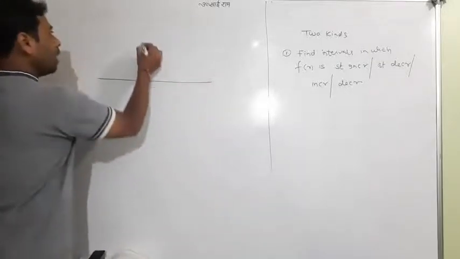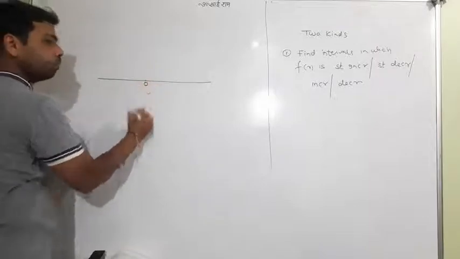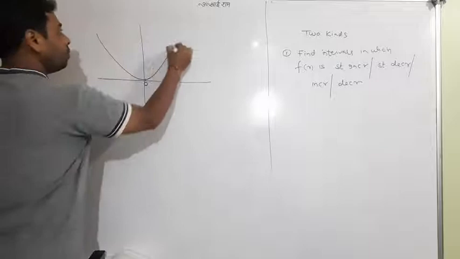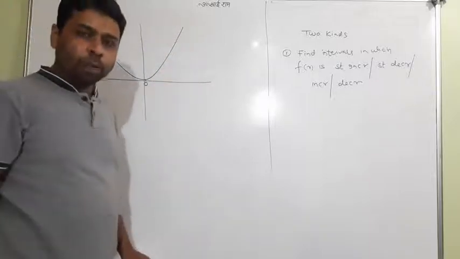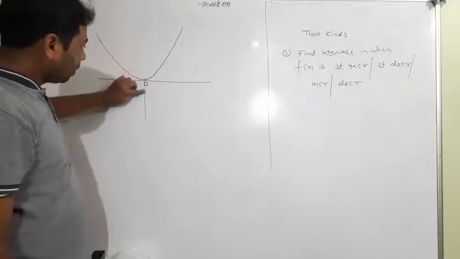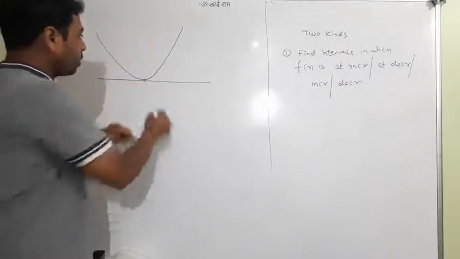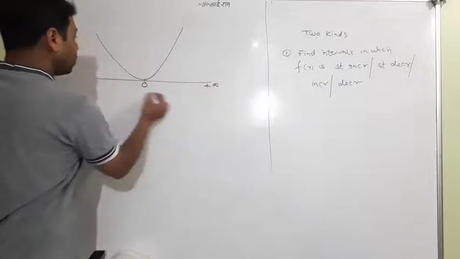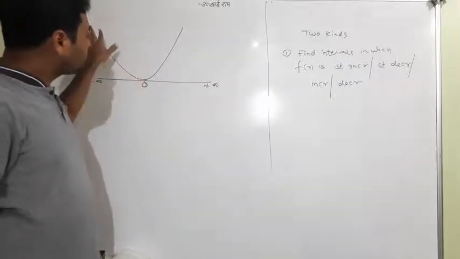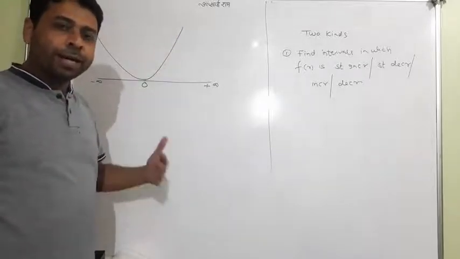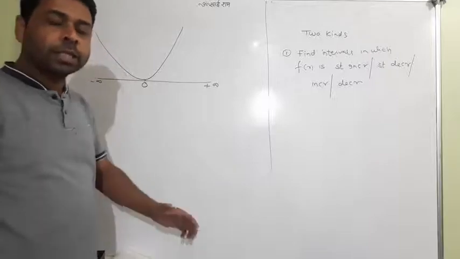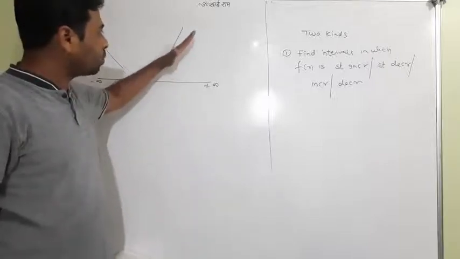Suppose this is a 0, and you know that this is the equation of a parabola. I am rubbing it for a while. You know it is the origin point, this is plus infinite, this is minus infinite. If I ask you to see the nature of the graph and find the interval in which it is strictly increasing, one can simply understand what strictly increasing means.